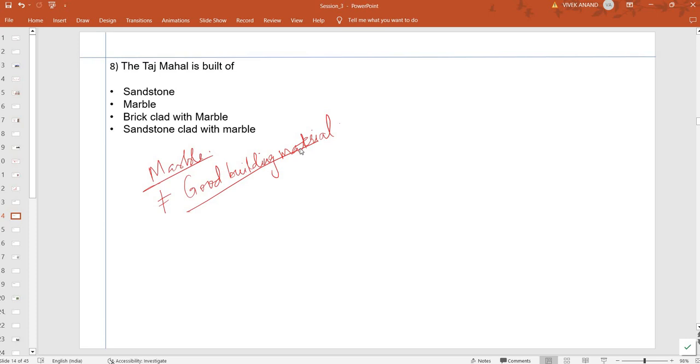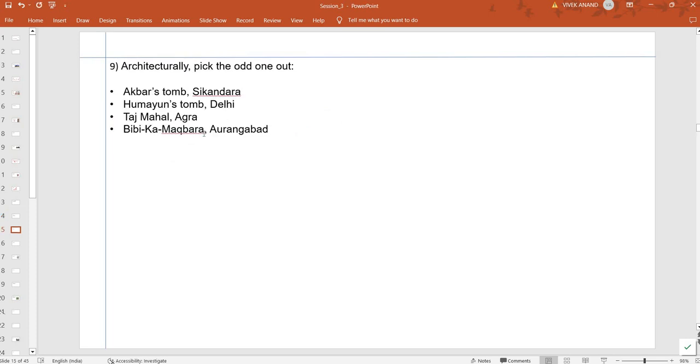So making joints is very difficult when using marble. It won't stand for a long time. So they built it in brick first, and then for beauty, for giving it prominence, to make it extraordinary, they used marble cladding. Okay. So let's move to the next question.